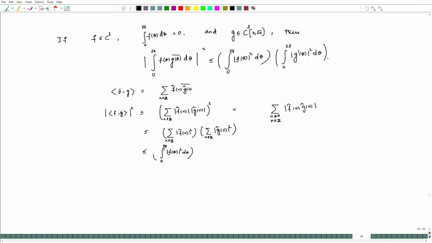So, here we can replace the sum by n not equal to 0.